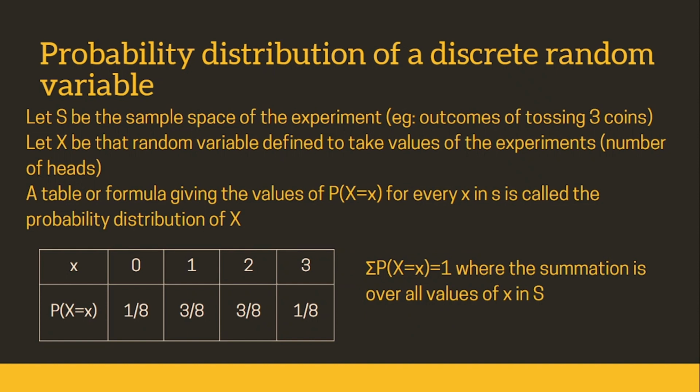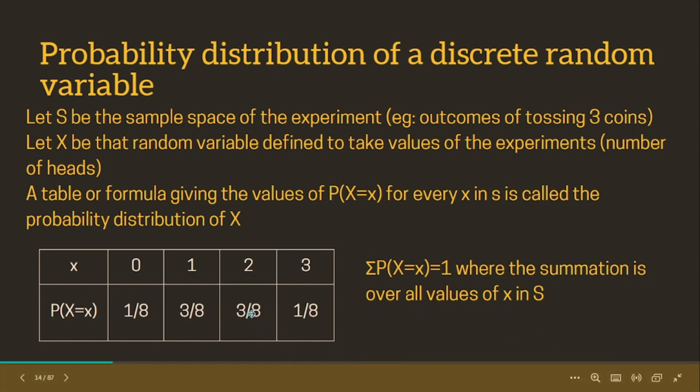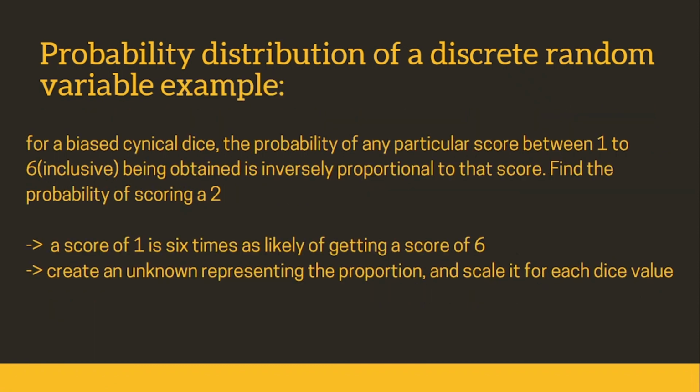If we sum up all these probabilities together, they will equal 1 over all the values of X in S. And this is a powerful insight, as you can use this idea to help you find unknown probabilities. So let's say that we don't have the probability for X equals 2. If we know the 1 over 8, 3 over 8, and 1 over 8, we can take 1 minus all these other probabilities to find the unknown here. That is what we can do for some of the questions that you'll see later in the video.